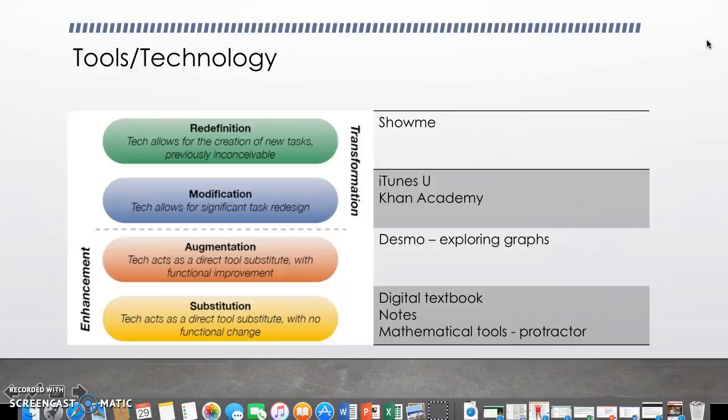Now at a higher level, we could use iTunes U or Khan Academy to do flipped classrooms, and we can free up more time to do more in-depth discussion in class. At the highest level of redefinition, maybe you could get students to use the Show Me app to explain certain concepts that can be shared amongst the class. This will show whether they understood the topic or the concepts that we have taught.